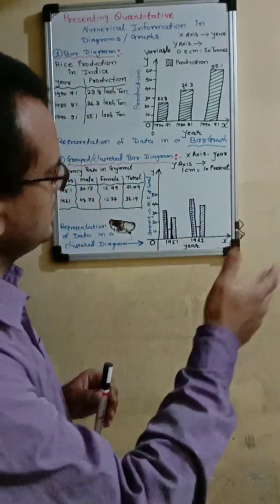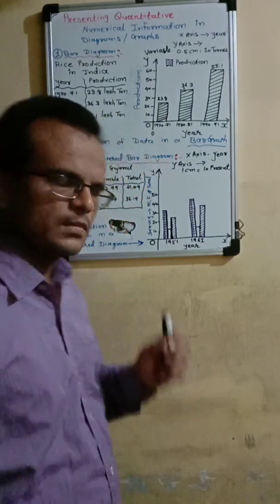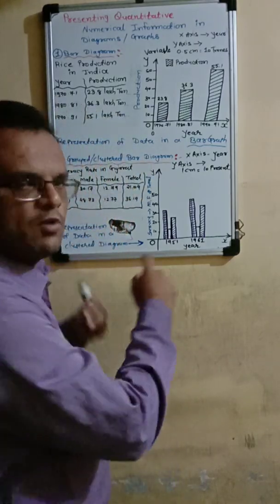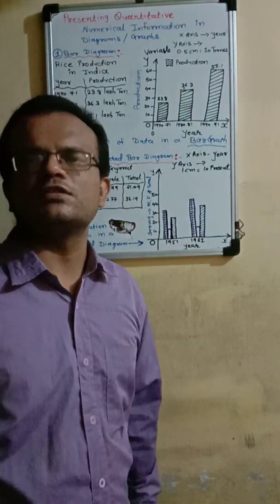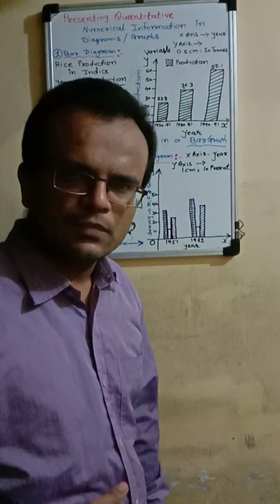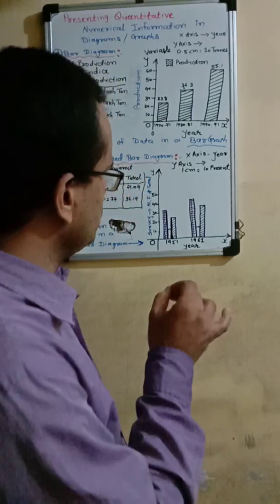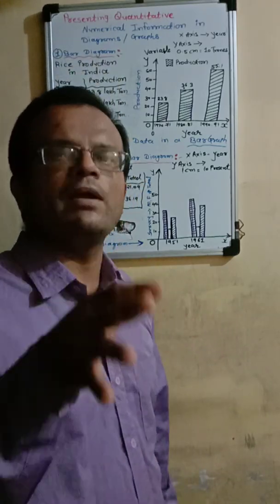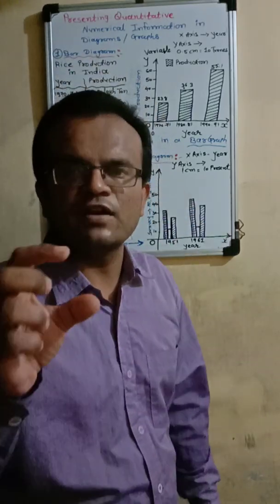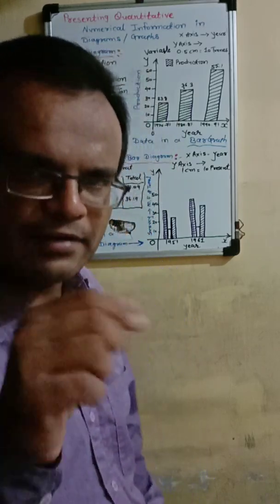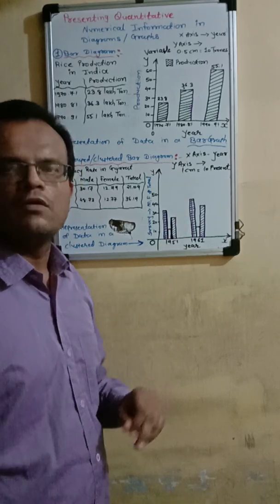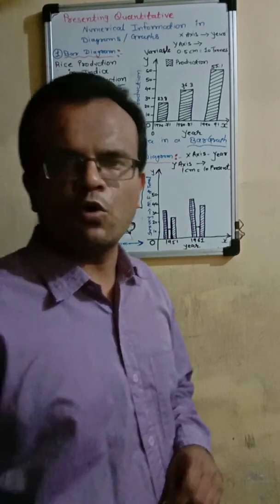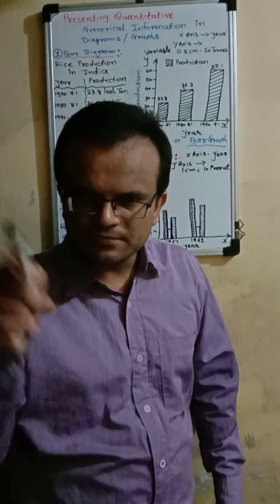Same thing in the second year, 1961. Male has 48.3%, female has 12.77, and total is 36.19. To show the difference between male, female and total, you have to put a different sign in each bar. In total, we have drawn cross lines.